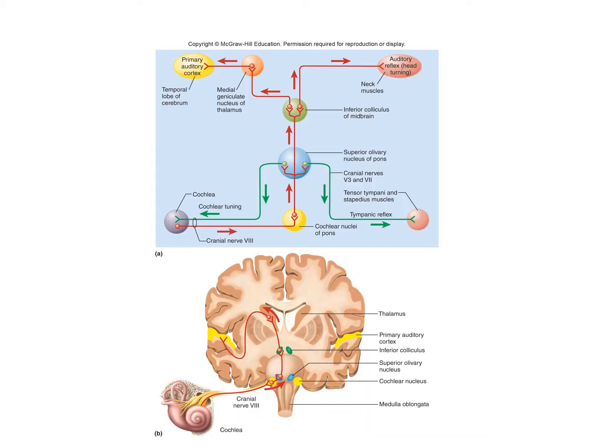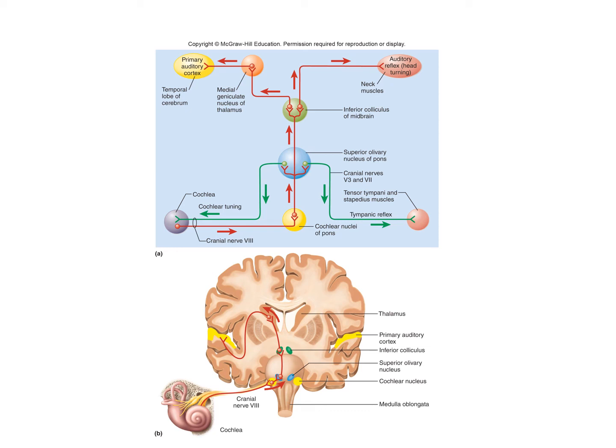All right, so I did want to briefly mention the fact that we have this mechanism called cochlear tuning. I'm not going to go into a lot of detail with this, but if you are interested in learning more about the fine-tuned responses to different types of sound, I do encourage you to read this section in your book. But cochlear tuning is essentially a way that our outer hair cells will mediate our response to different pitches and frequencies.